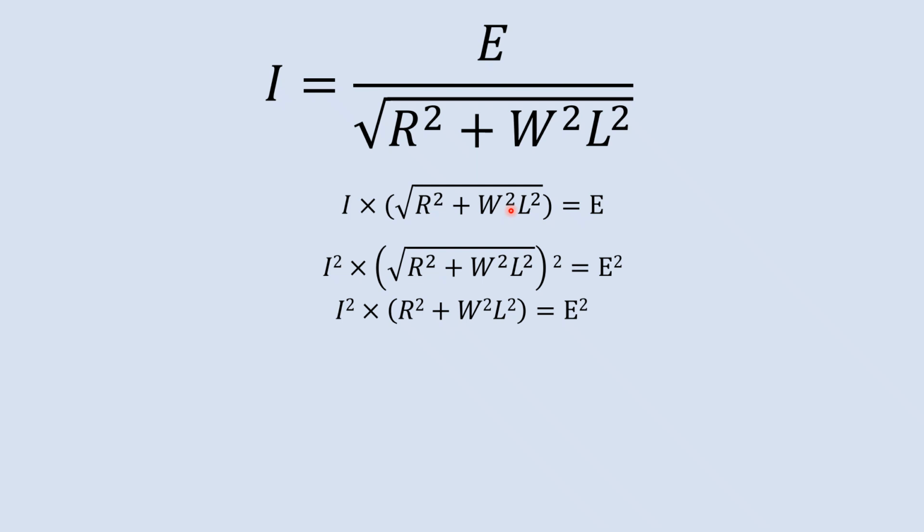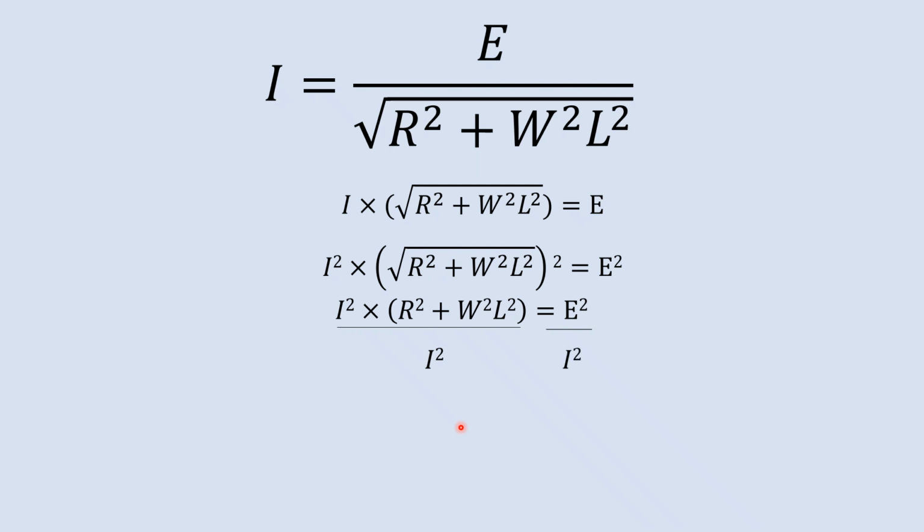Don't forget, our objective is to make R the subject of the formula, leaving R in terms of I, W, L, and E. So the next step is to divide both sides by I squared.